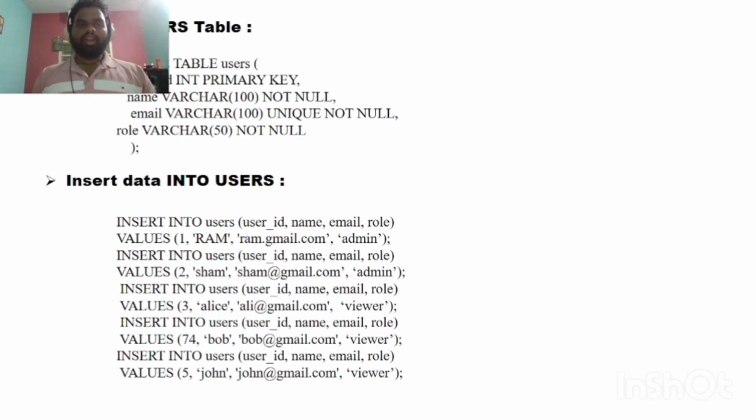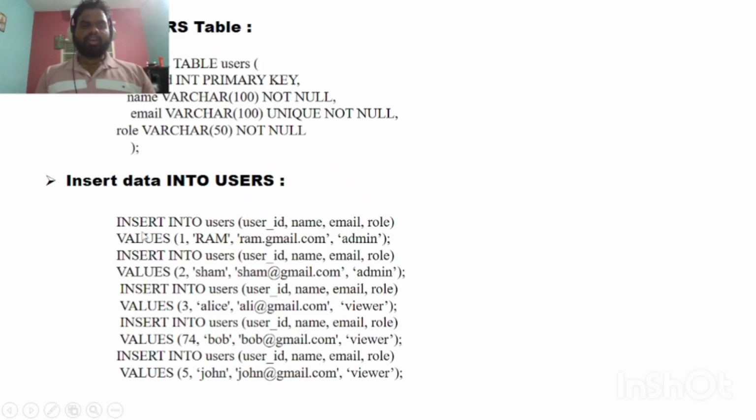And how to create user table: by creating table user, user id integer primary key, and the name varchar, it should be not null, and email varchar, it should be unique and not null, and role varchar, and it should also be not null.